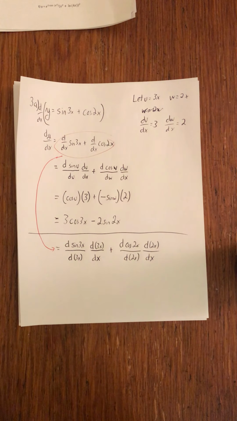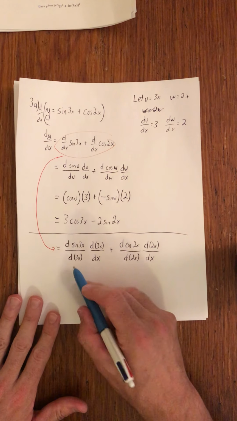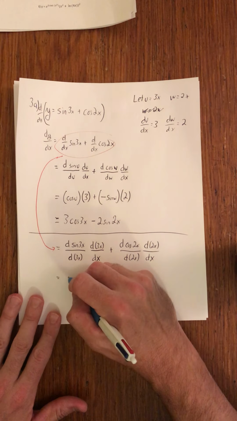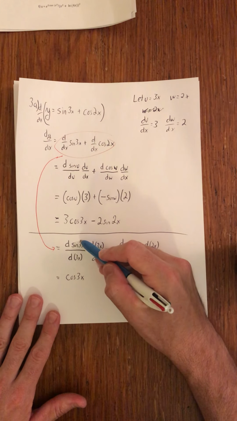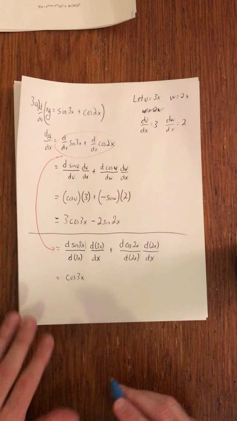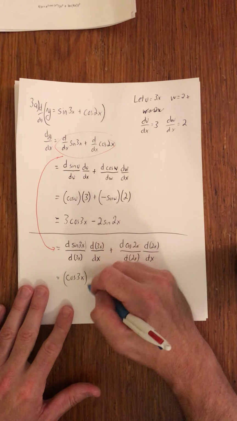Right? It's functionally the same thing, but without doing the explicit replacement. Here, this becomes cosine of 3x, because it's just treating this as a variable without doing the explicit substitution. And then this just is 3.